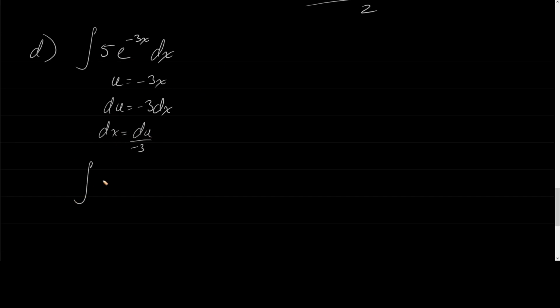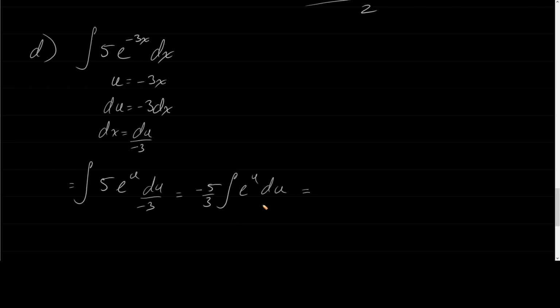So this integral now becomes the integral of 5 times e to that negative 3x is our u, so e to the u. Instead of dx, I've got du over negative 3. So essentially I have negative 5/3 times the integral of e to the u du.